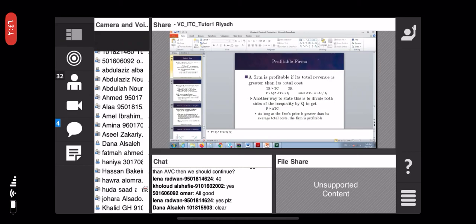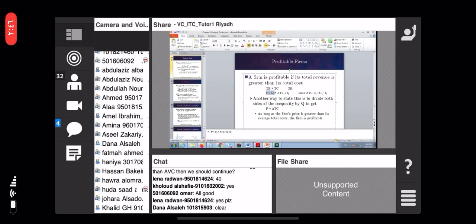A firm is profitable if its total revenue is greater than its total cost. صحيح؟ إذا الإيراد أكبر من التكاليف أنت بتحقق ربح. Total revenue is price times quantity. This is what we mean by total revenue.